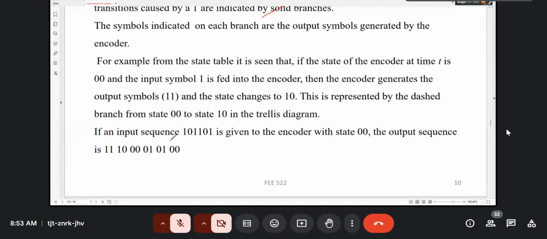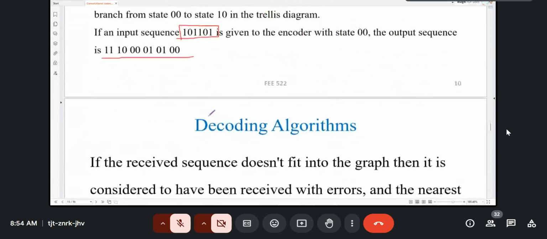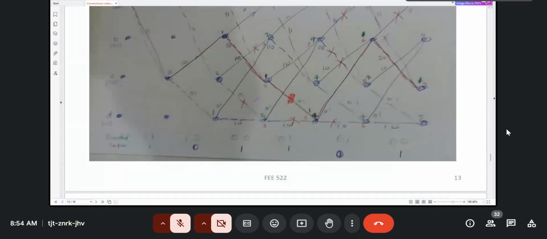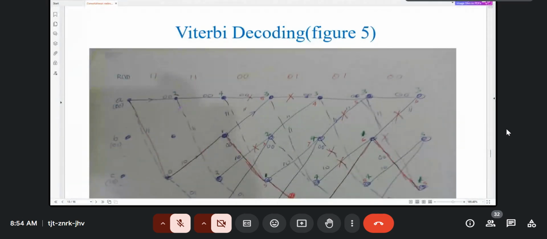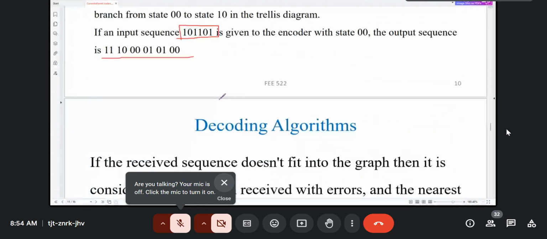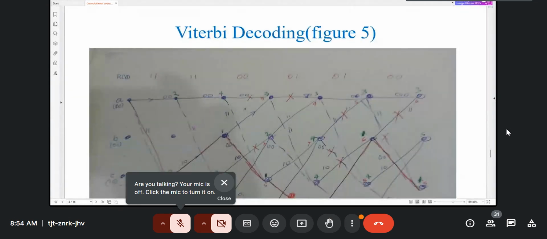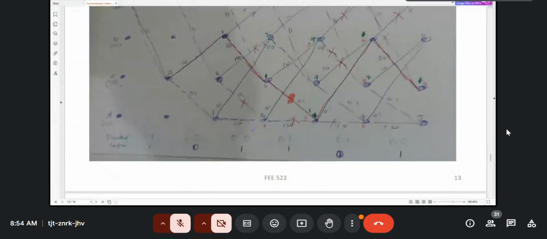So if you have this sequence, for example, let's see what happens. Let's draw the trellis for this. There's a diagram I did where I drew this. I think I removed it by mistake.